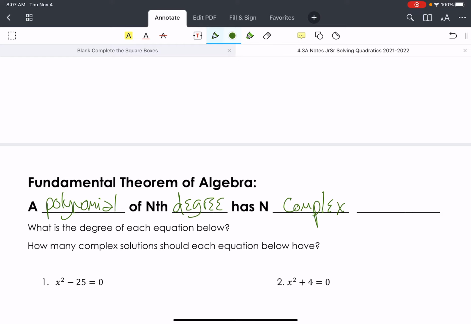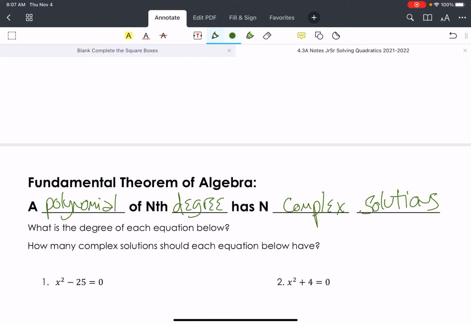Remember when we would have to go through and define them, we'd have to put a C by absolutely everything, right? Because complex numbers is any type of number. Irrational, rational, imaginary, real. Okay? And solutions means like answers. So it says a polynomial of nth degree has n complex solutions.